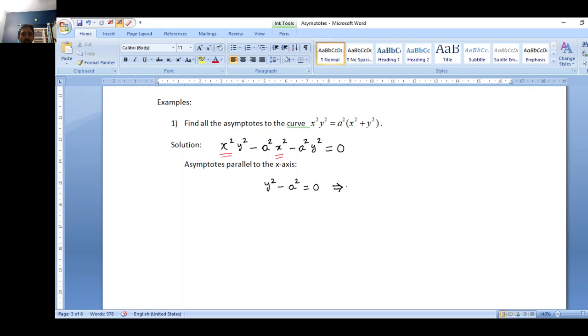So of course, solving this will give us y equals plus a and y equals minus a, correct?